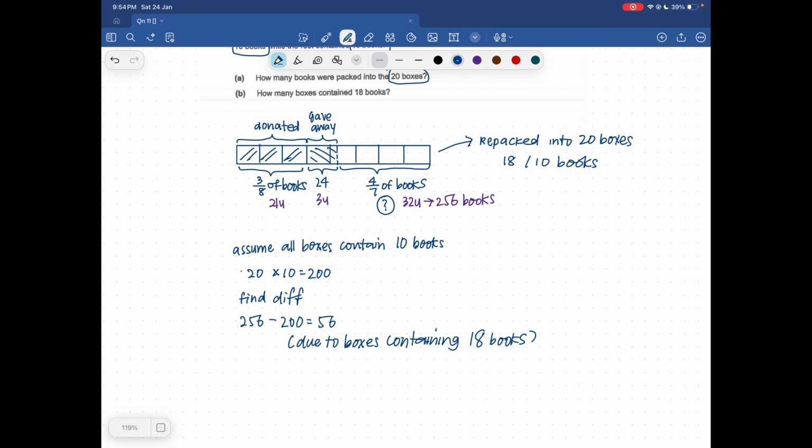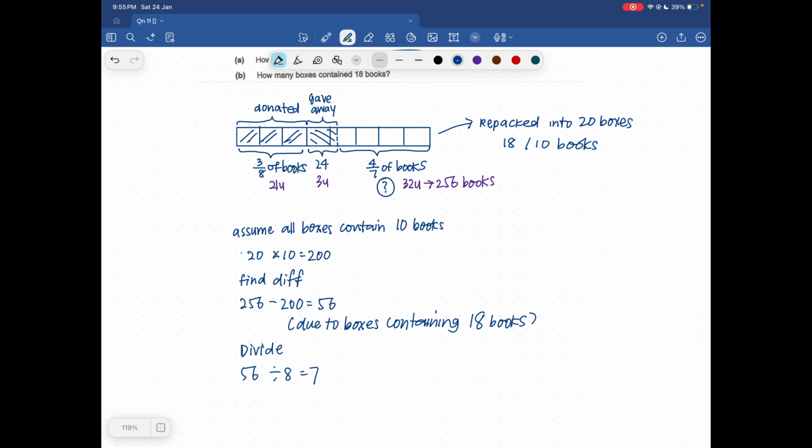Next, we will divide. We'll divide by the difference in the number of books. So we take 56 divided by 8. How did I get 8? I take 18 books minus 10 books, a difference of 8 books. That will give me 7. So this extra 56 books comes from the boxes that contain 18 books. So I have 7 boxes of 18 books. That's the answer for B.